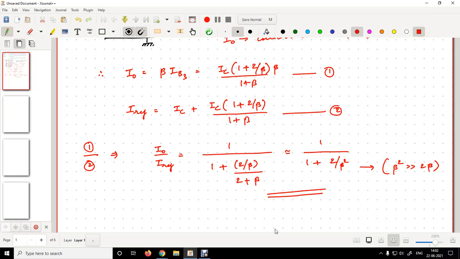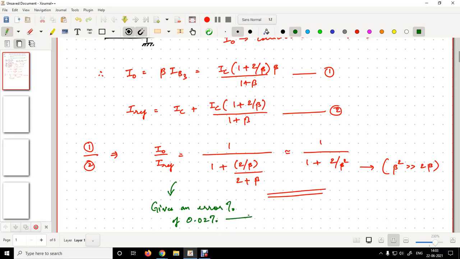So obviously I have a beta square term here. If I put beta equal to 100, this I naught by I reference will be somewhere around 0.9998. That means you get an error ratio of 0.02%. So this I can mention here: it gives an error percentage of 0.02%.